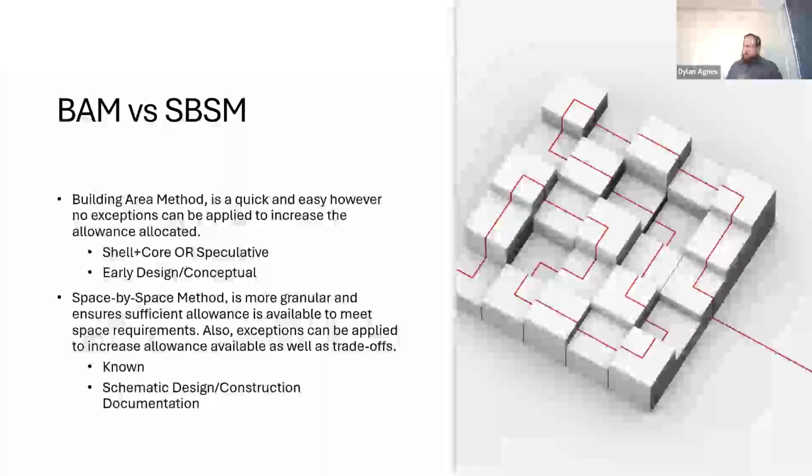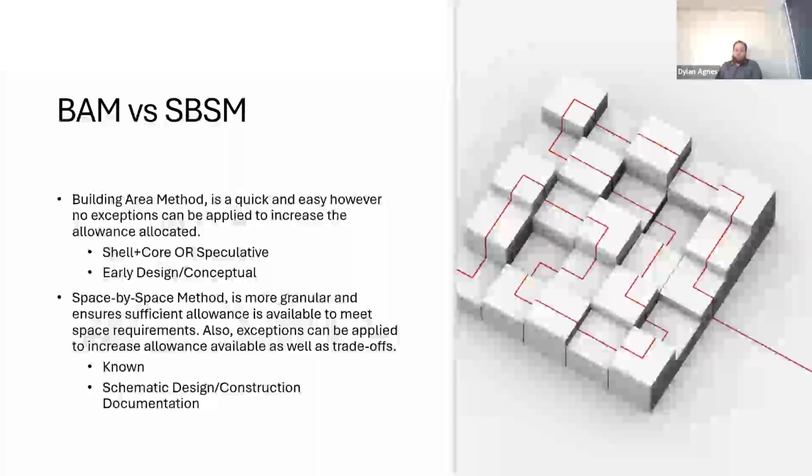So the building area method versus space by space, how do you really decide? Building area method is quick and easy, however, no exceptions can be applied or are allowed. So what you get is all you get, nothing more, okay? And you also don't get rewarded for spending less than what you're allowed.